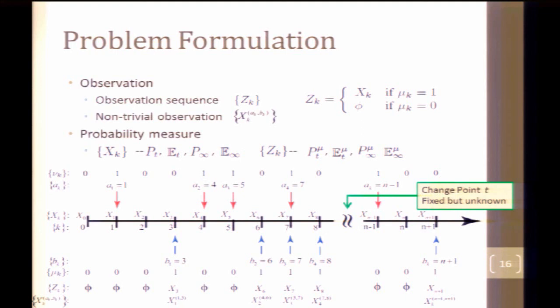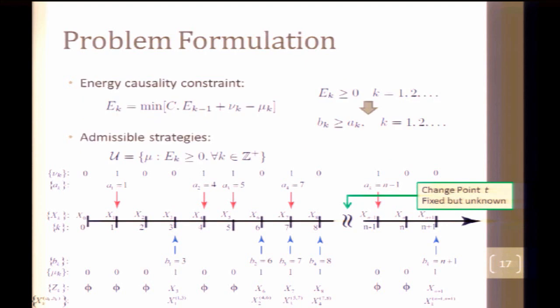Similarly, then we also have a probability measure for the observation sequence, because this observation sequence also depends on how you use your energy. So of course, we have this energy causality constraint. You cannot use your energy before it comes, right? So this is the energy dynamic. Right? So at time k, this is the energy left, and then this is energy arrived, and this is the energy you use. Okay? So we need to make sure that this E of k is always larger or equal to 0.